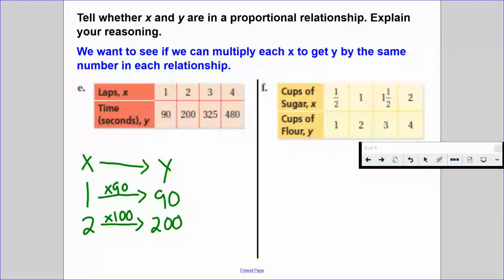So since we can't find that constant number I'm multiplying my x by to get my y, the red table is not proportional. This is not proportional.